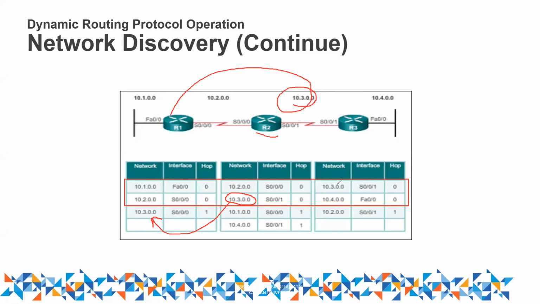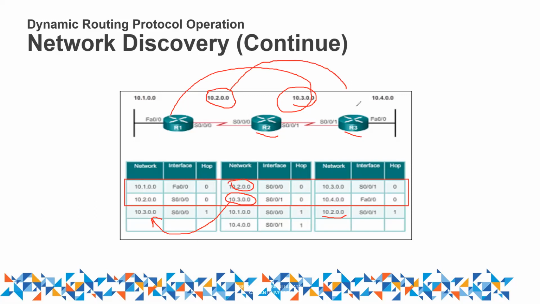Let's focus on R3. R3 got a new entry, 10.2.0.0. Who told them about this network? R2 told them about this network, because R2 had the idea about this network. You can see here, R2 exchanged its information with R3.